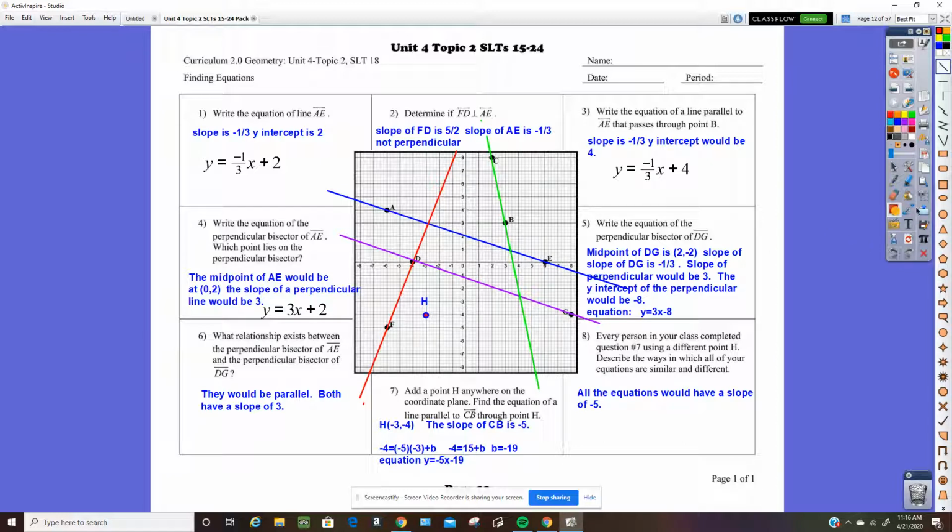Whoops, let me get the circle here. That would be this point. And then if I drew a line through there, let me go ahead and draw a line through those 2 points.